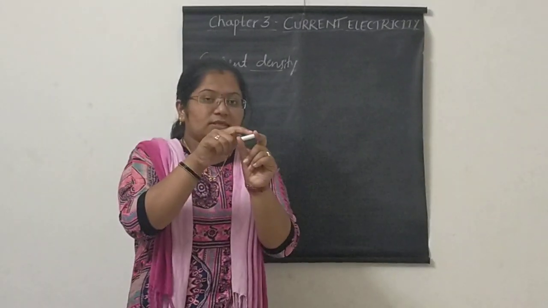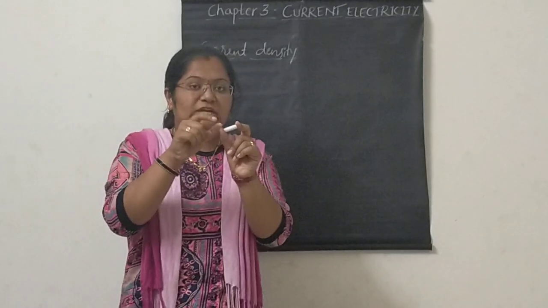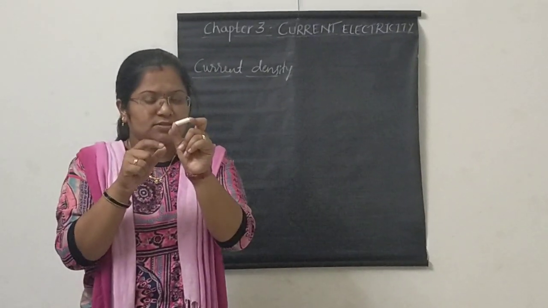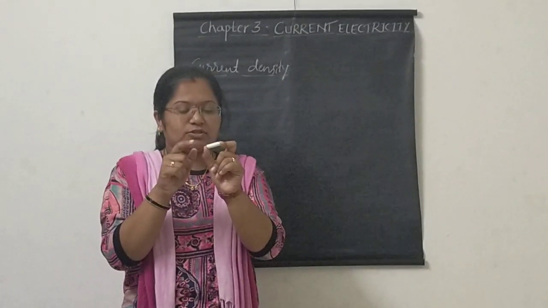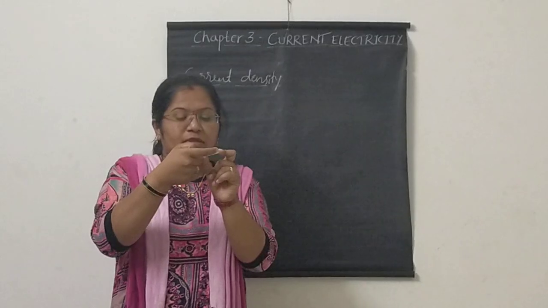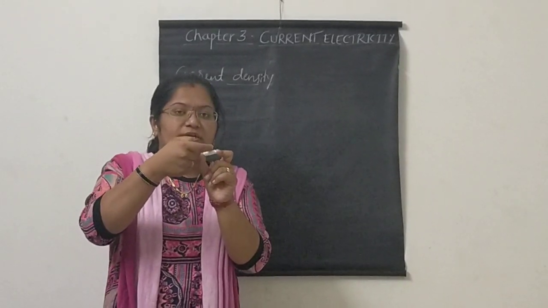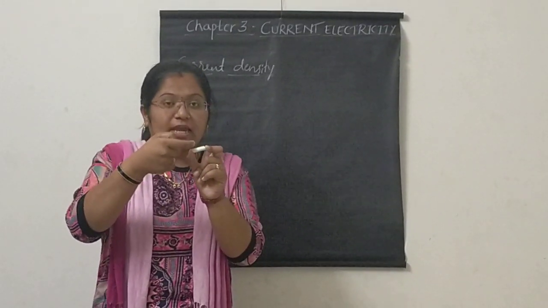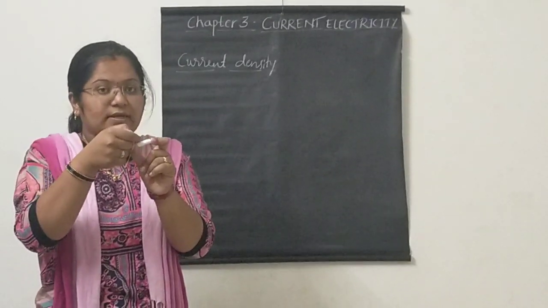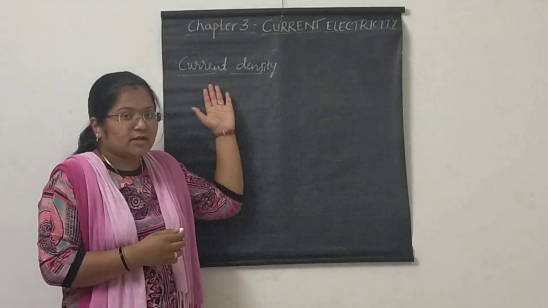This conductor has some particular area, isn't it? This conductor has particular dimensions, and among them, area is one dimension. When current is flowing in this conductor with respect to its area, we get the current density. So how can we define current density?